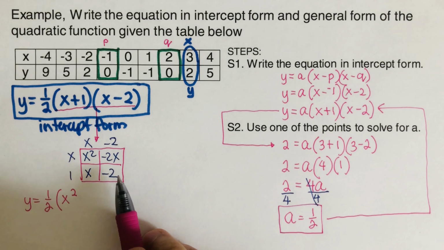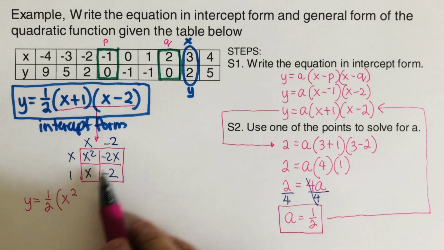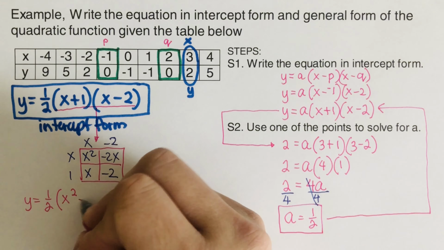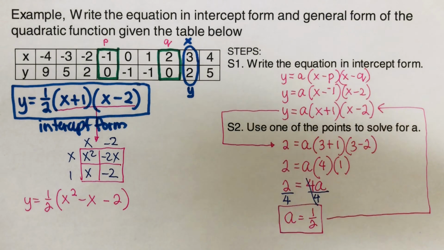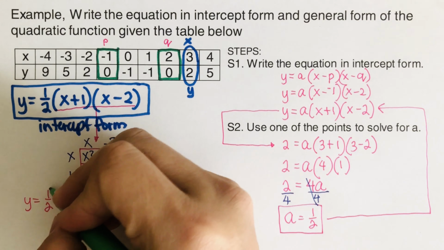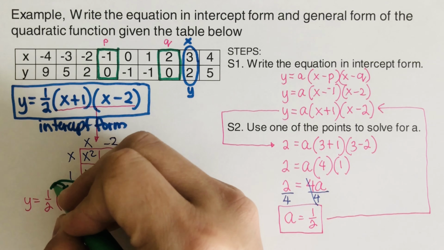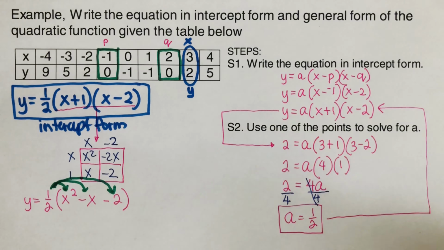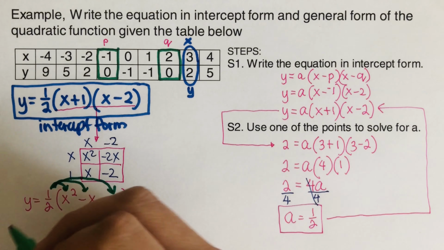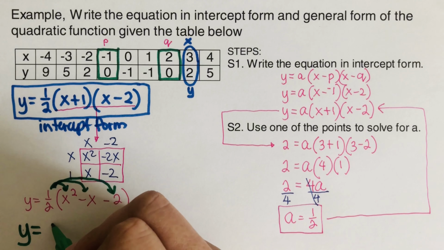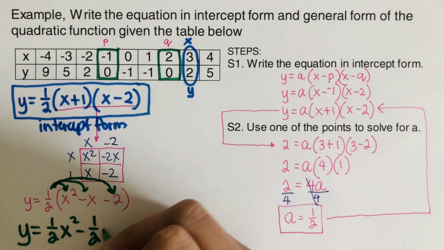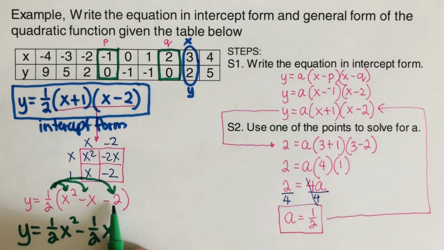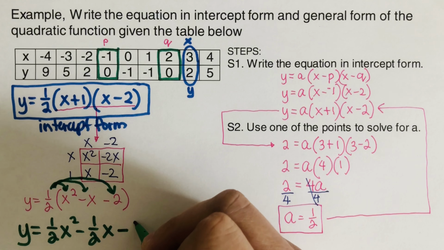And then we add these two, so that would be negative x minus 2. And then we're going to distribute the 1/2 to each term inside the parentheses. So our final equation here would be y is equal to 1/2 x squared minus 1/2 x minus 1. Half of negative 2 is a negative 1.